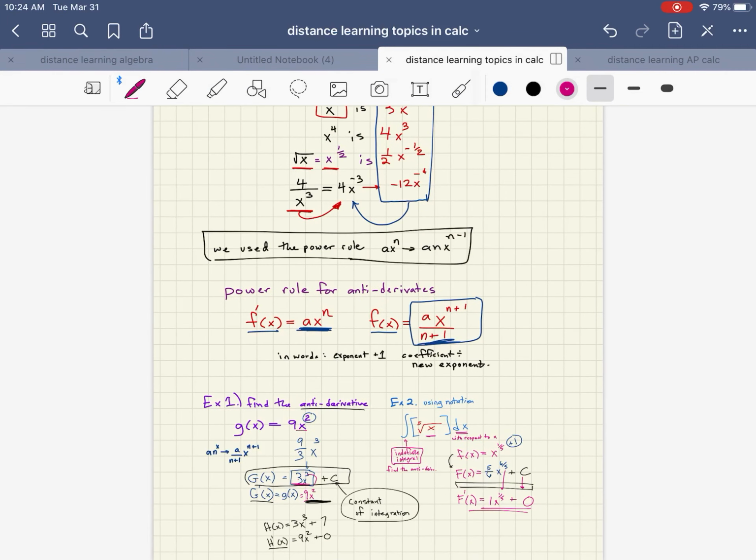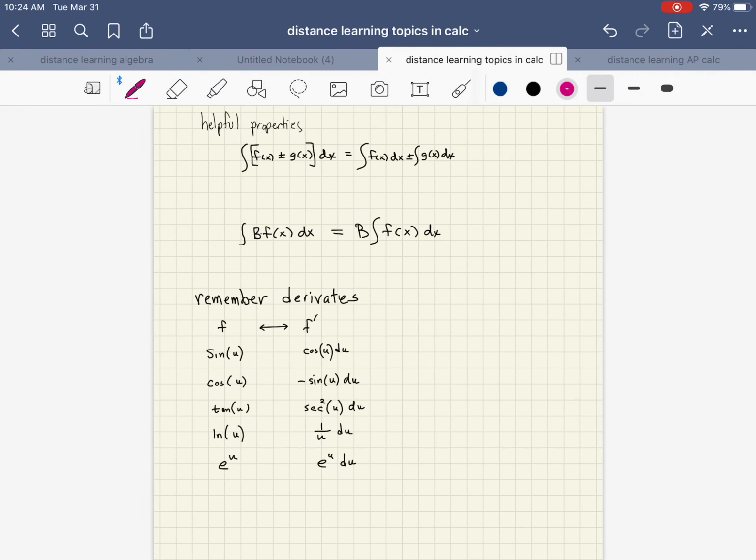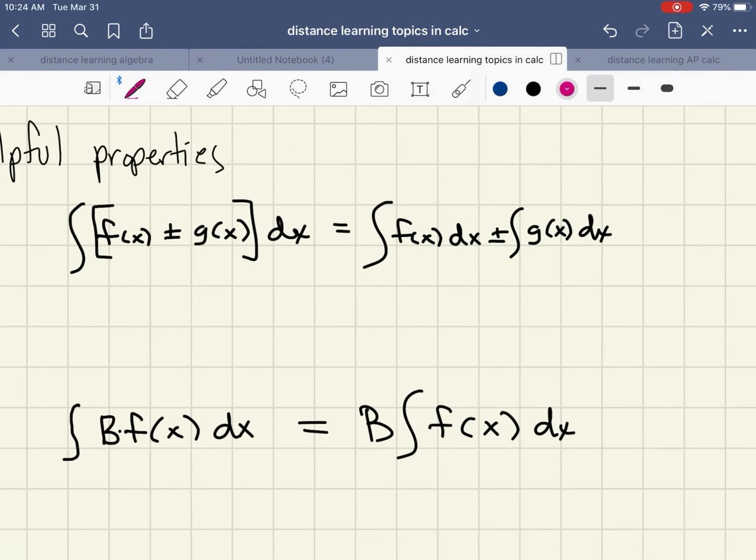So that is the basics. I'm going to talk about some properties here. If you have a situation where you have the sum or difference of different functions, that seems complicated but really isn't. An example would be 3x squared plus 2x minus 1.